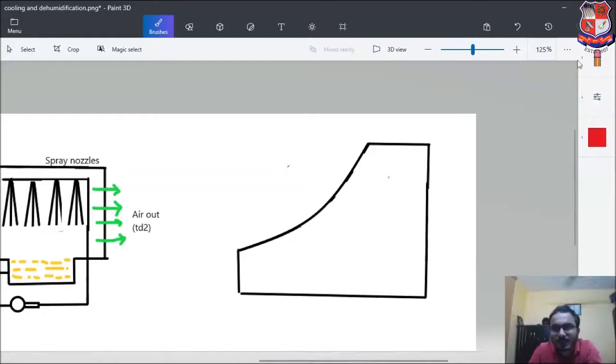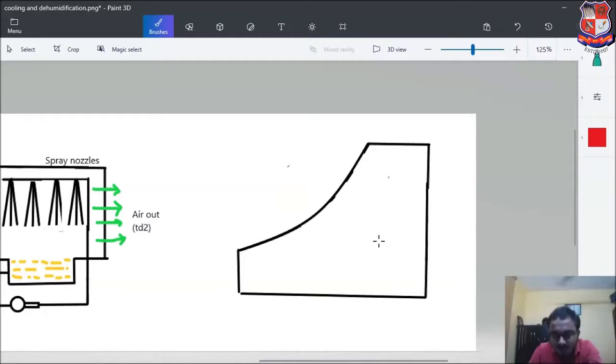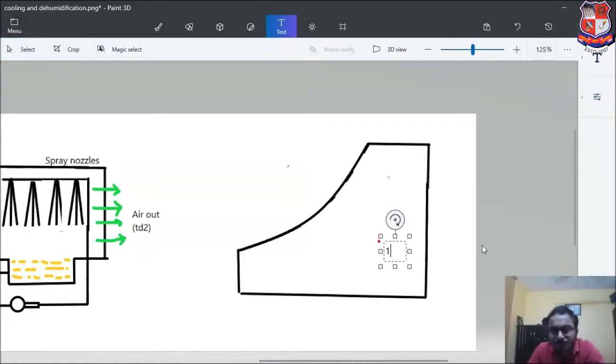So let us say that our beginning point is this, and we will denote this as point number 1.